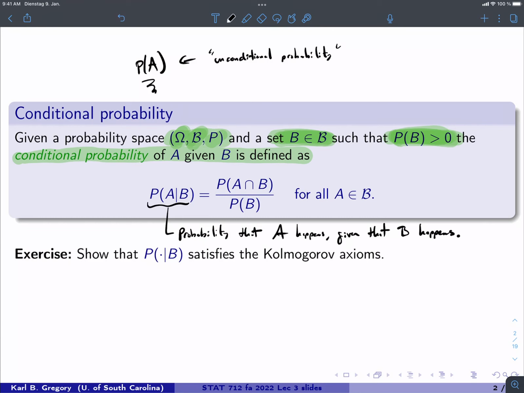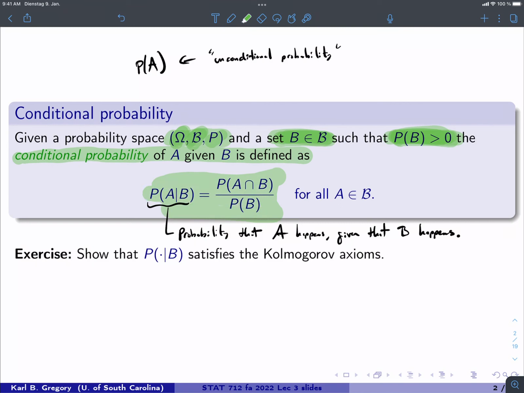So we don't care about the event B if we just write probability of A. Probability of A is just describing the probability that A occurs whether or not B occurs. But this idea of conditional probability is if we know that B occurs, it might change the probability that A occurs.